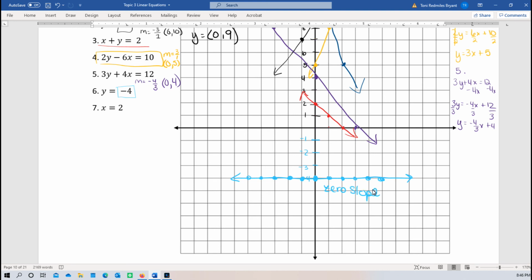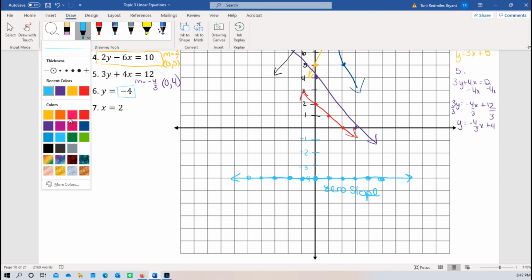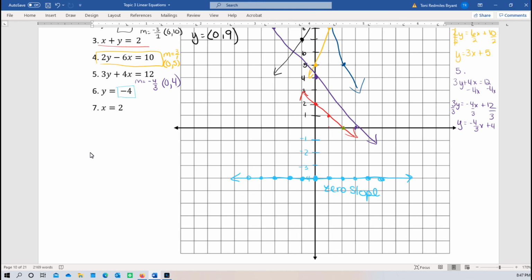All right, and the other one, all the values of x are 2. Can't be anything other than 2. I can't go through the y-axis because all I have is x in my equation. So all I can have is an intercept of x. All of the values are 2.